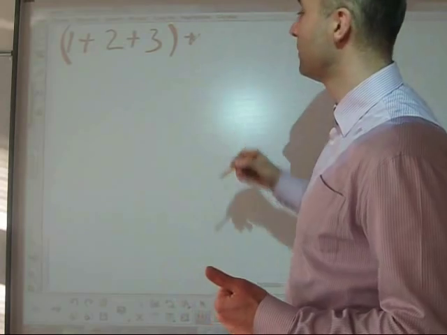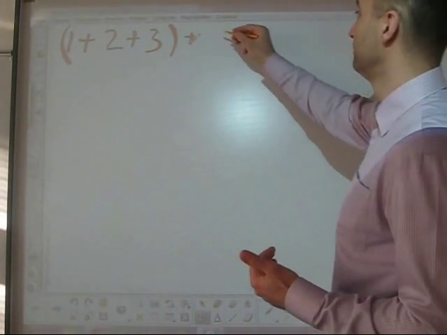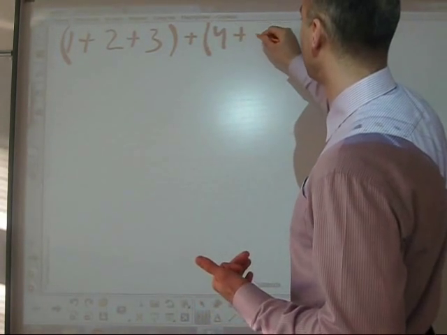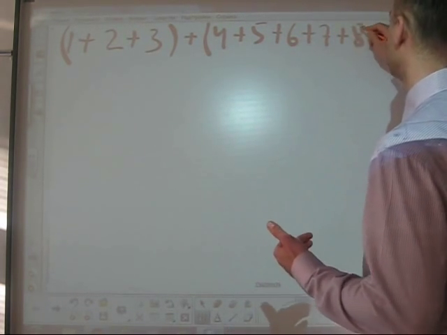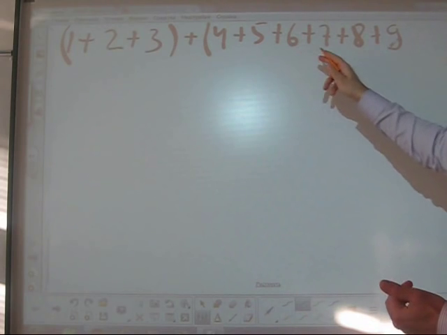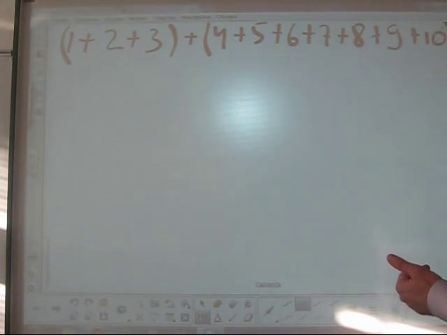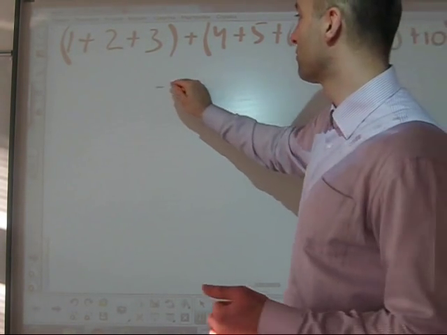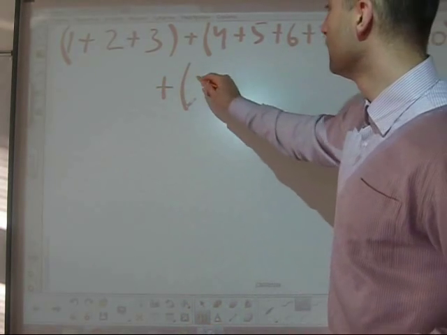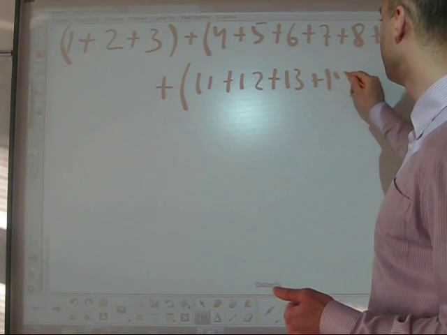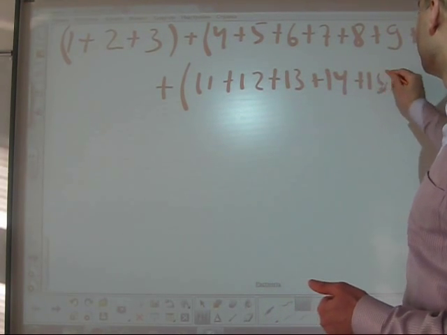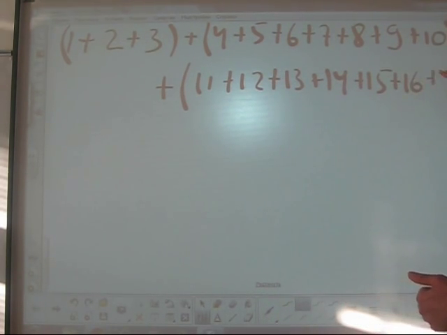And let's group 7 numbers: 4 plus 5 plus 6 plus 7 plus 8 plus 9 plus 10. Okay, next group: 11, 12, 13, 14, 15, 16, 17. 7 numbers again.